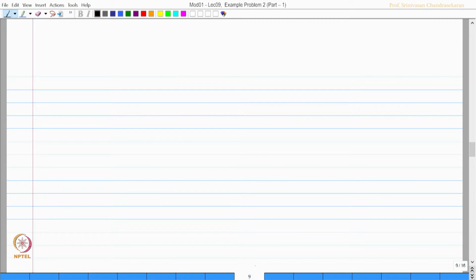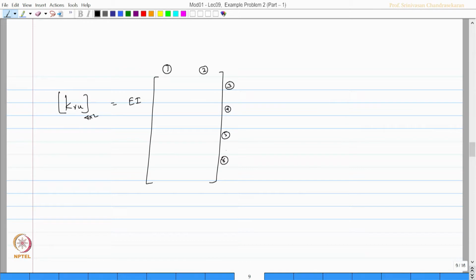I fill up this matrix and I get the KRU matrix, 4 by 2, as below, which is going to be EI of: first row, first column, second column, rows 3, 4, 5 and 6.